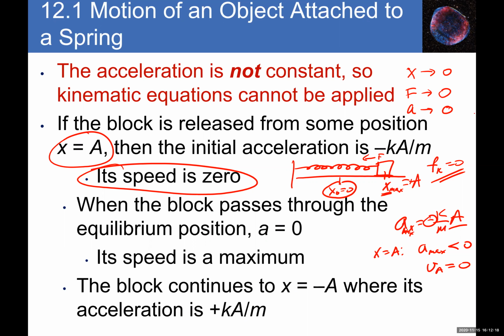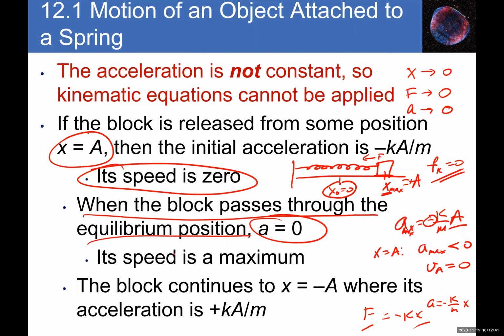Because remember Hooke's law, force is equal to negative kx. If x is 0, force is 0. Well, the acceleration is 0 because of the equation a equals negative k over m times x. If x is 0, a is 0, and F is 0. So that's why when the block passes through the equilibrium position, there is no acceleration.